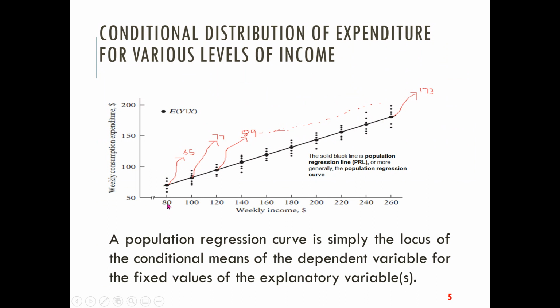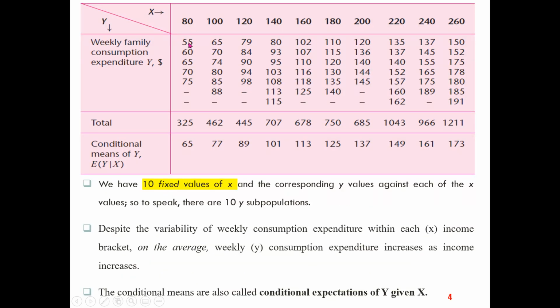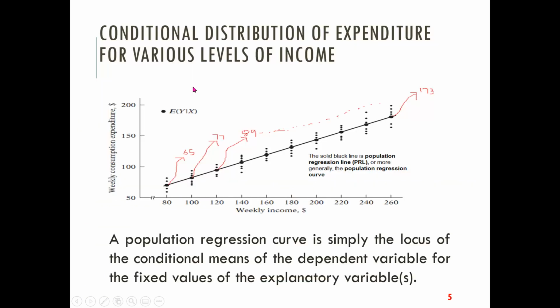If the income is 80, this solid, thick dot here in the center with more volume is the conditional expectation 65. Whereas the other, smaller dots represent these values 55, 60, 65, 70 and 75, right?